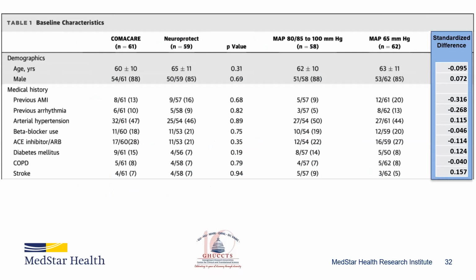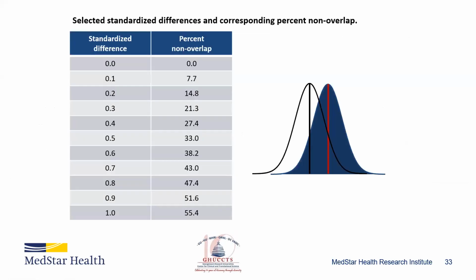And you can see here that we have a couple of standardized differences that are fairly large, like in the order of 0.3 for two of our variables here that were not statistically significant. And then we can translate a standardized difference into a percent of non-overlap. So you can see here that the bigger the standardized difference, the further apart your distributions are.